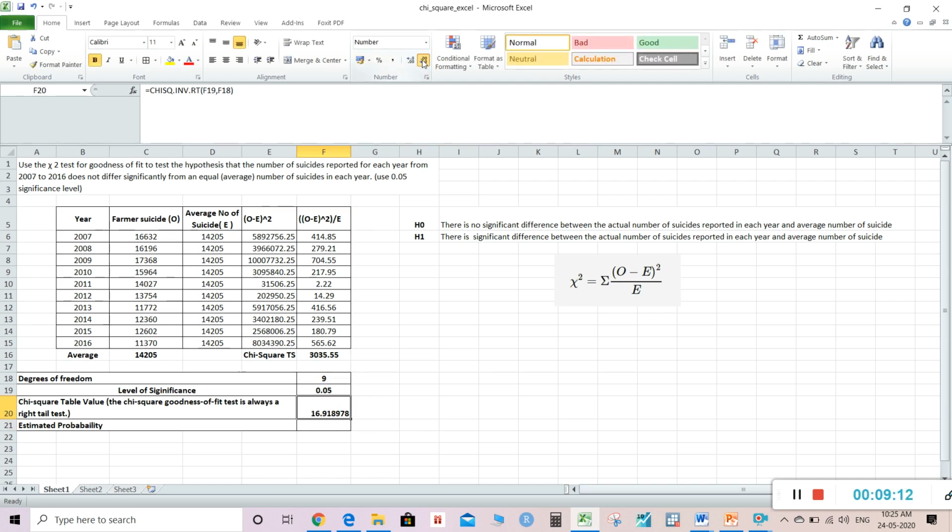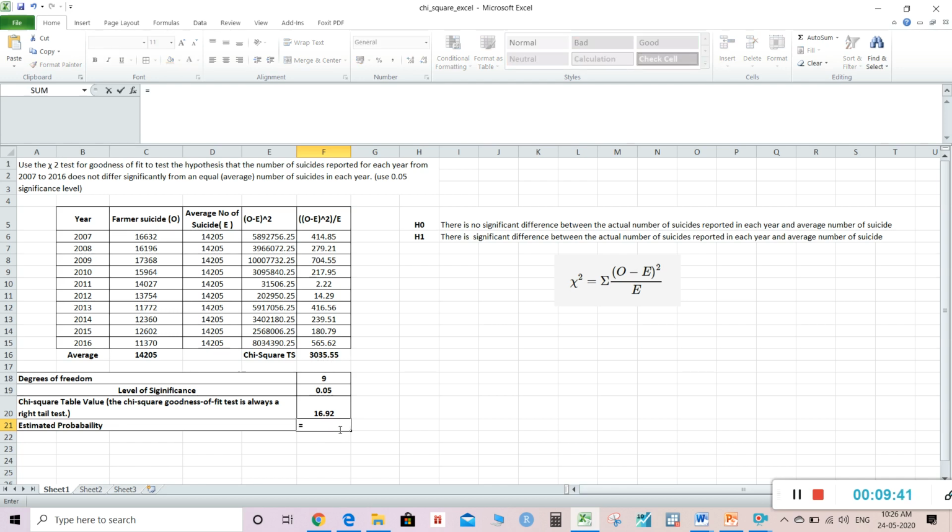So this is your critical value. Now you can also find the estimated probability corresponding to your test statistic, the exact probability corresponding to this chi-square test statistic.